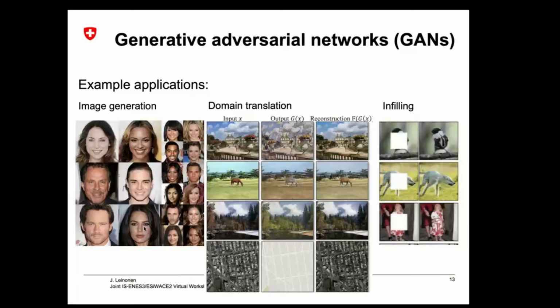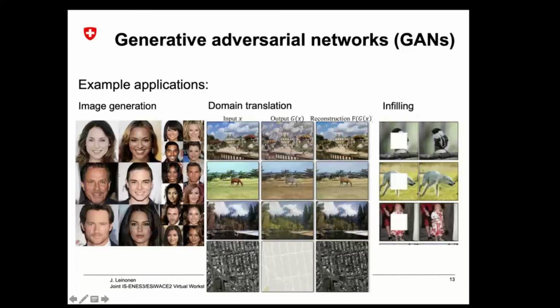GANs can also be used for things like domain translation. So here in the middle, we have a few examples. On the top row, we are turning photographs into paintings that look like the photograph. In the middle row, there is an example of turning horses into zebras.